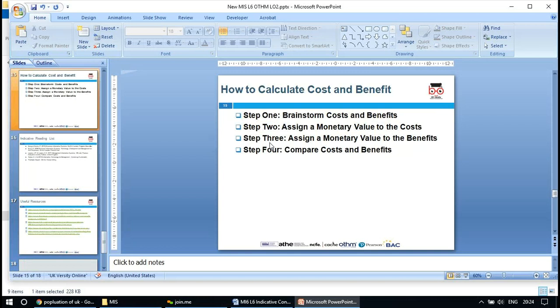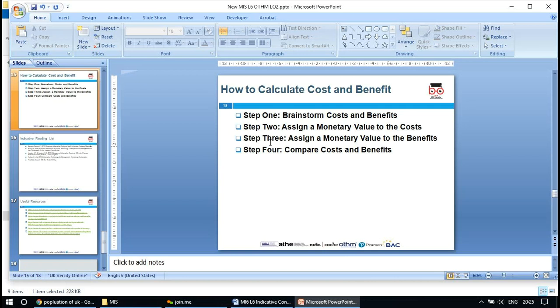So normally what they do, how to calculate the cost and benefit, you brainstorm the cost and benefit: what would be the cost of the project, and what would be the benefit out of it. For example, if you want to create a product, if it is costing you £1, and you can easily sell it for £2, then the £1 would be the benefit.